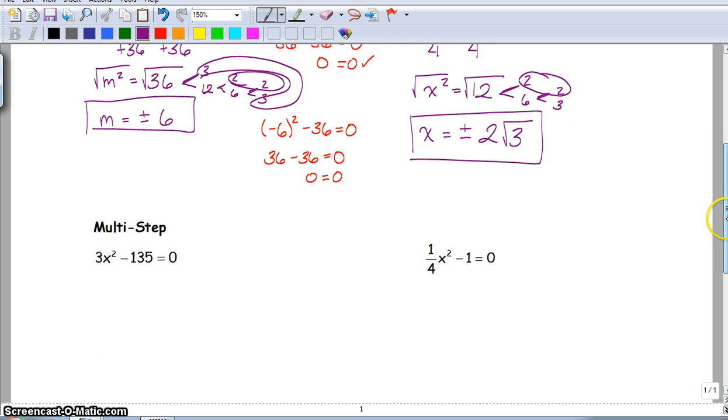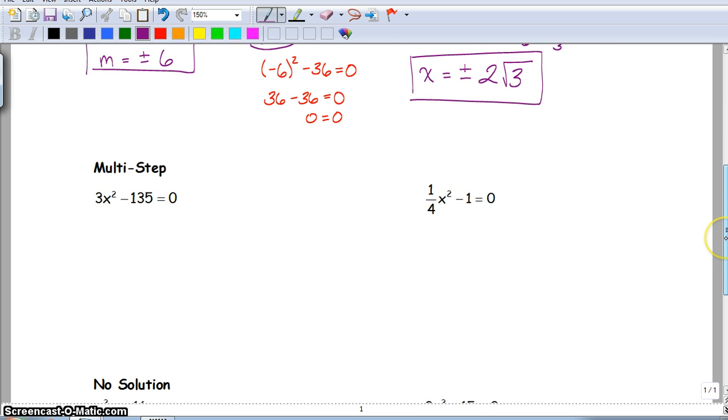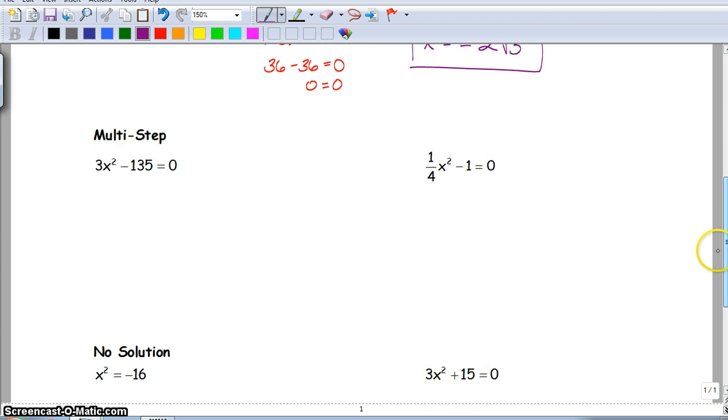There are times where a few more steps are needed. So for these multi-step problems, again, my whole goal is to get x squared by itself, so it's just like solving. Add 135 to both sides. 3x squared equals positive 135.